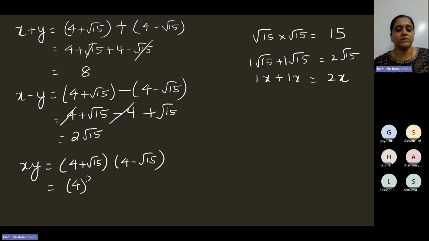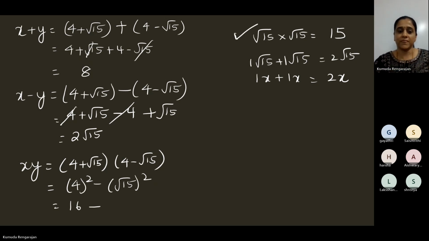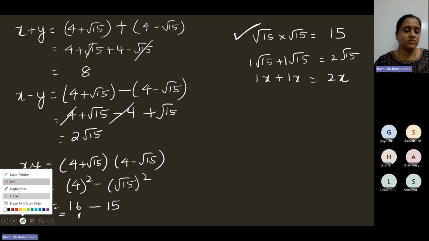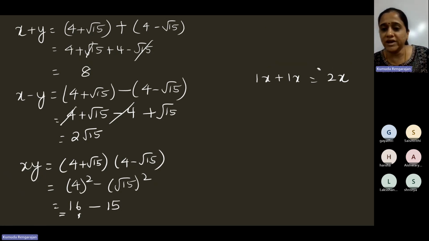So 4 square minus root 15 the whole square. 4 square is 16. Minus, what is root 15 into root 15? 15. And 16 minus 15 is 1. Correct? That's it. So this is the pre-work. So you should keep all these values ready.